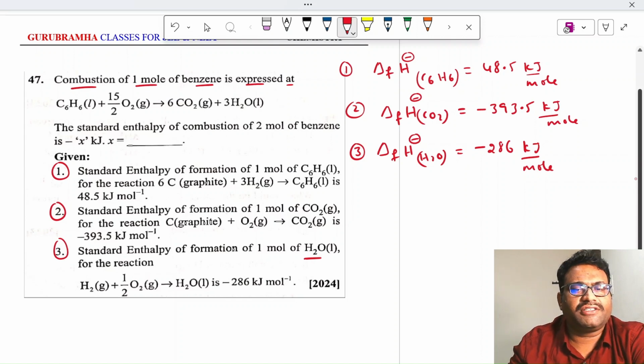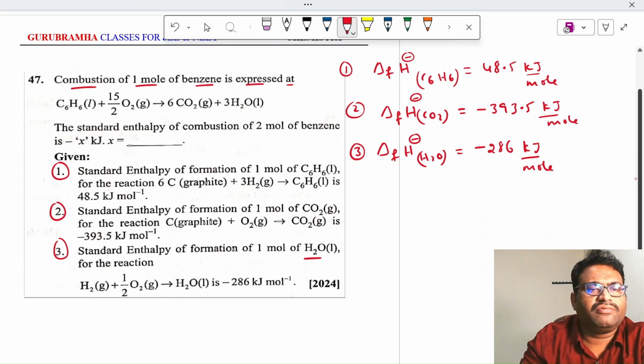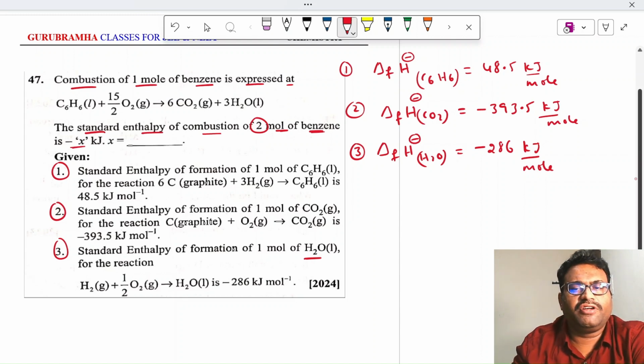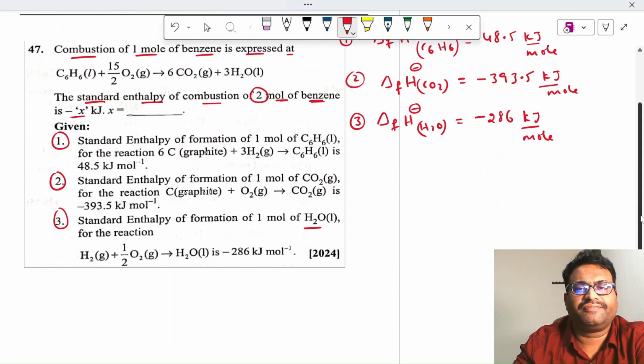Then what is asked? The standard enthalpy of combustion of 2 moles of benzene is asked.